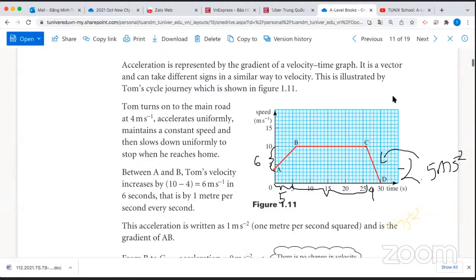This is velocity. Because it slows down, there is a decrease in speed. So negative just means deceleration, not acceleration, right?